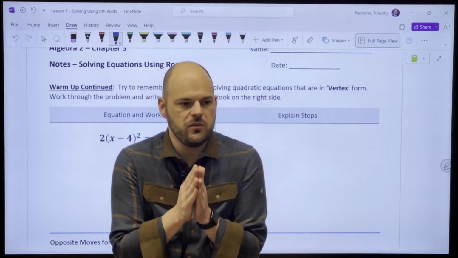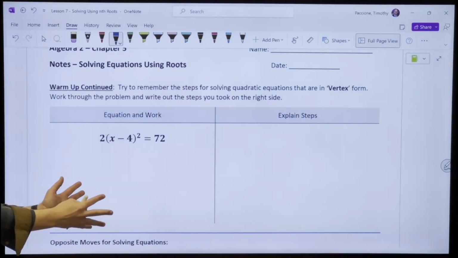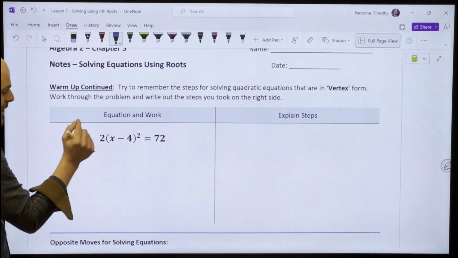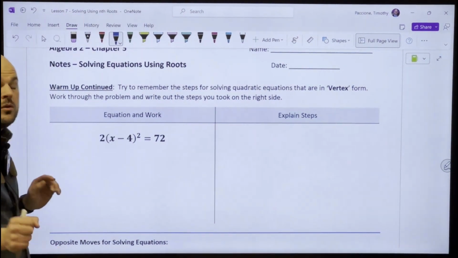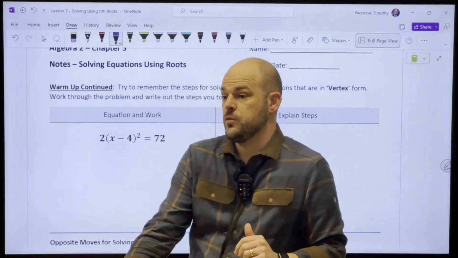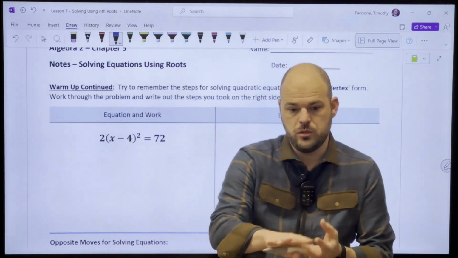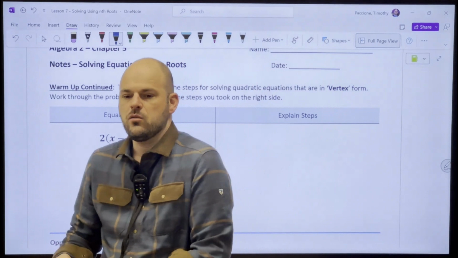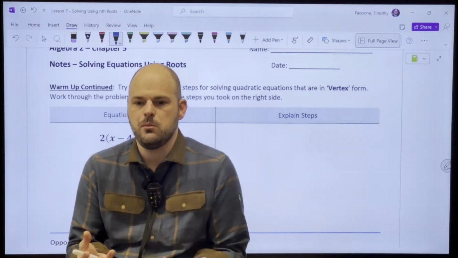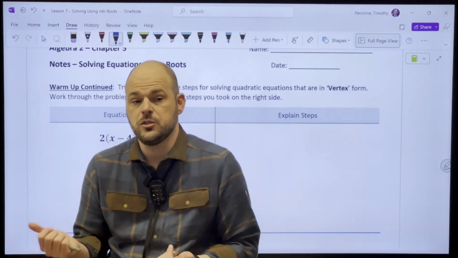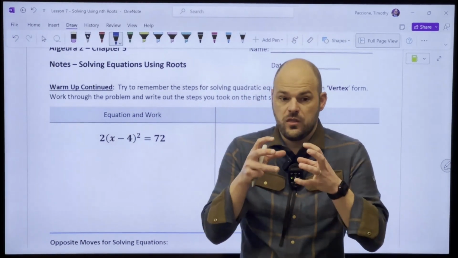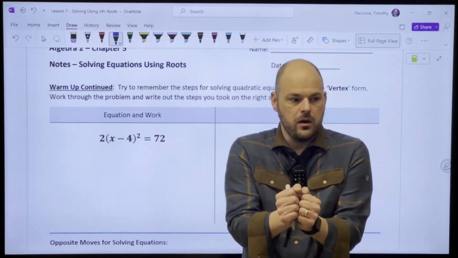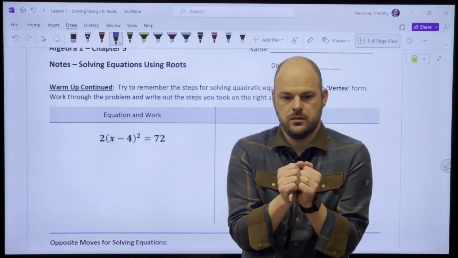We are still looking for values to make something true, right? This equation, we want an x value that will make this a true statement, right? Yes, we give you strategies, and they're different for every unit. In this unit, you do that. In this unit, you do that, right? But we always have the same goal in mind. Find the value that makes it true, and usually the thing we have to do is get the variable by itself in order to find it.